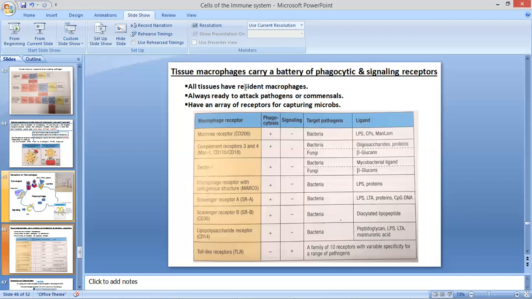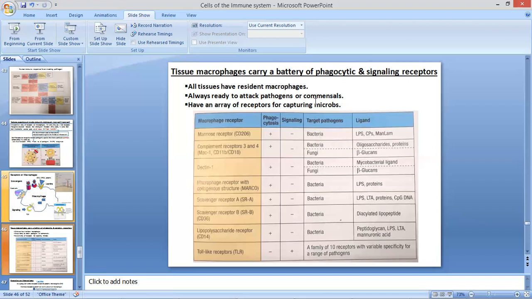So any antigen or microbe that crosses the barriers of the innate immune system, like crossing the skin barrier, entering into the connective tissue, or crossing the mucosal barrier and entering into the connective tissue, would come in contact with these resident macrophages. And these macrophages are going to recognize and attack these pathogens.